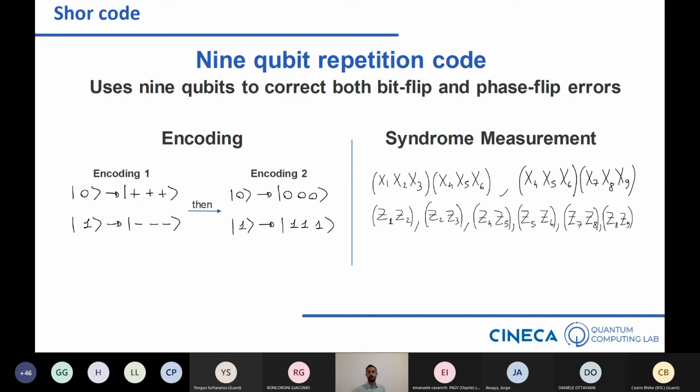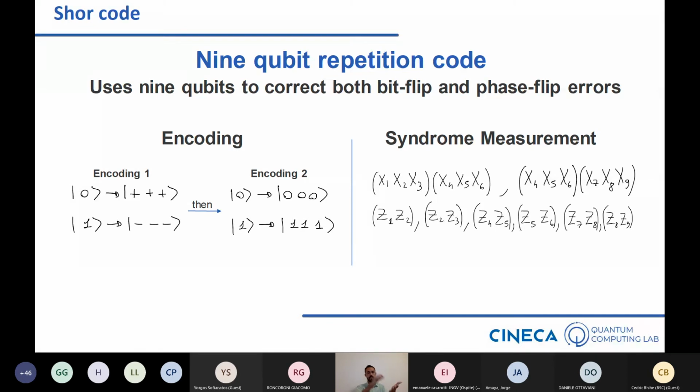There are error correcting algorithms that are called surface codes, toric code. So there are different formalisms that also take into account the topology of the qubits.